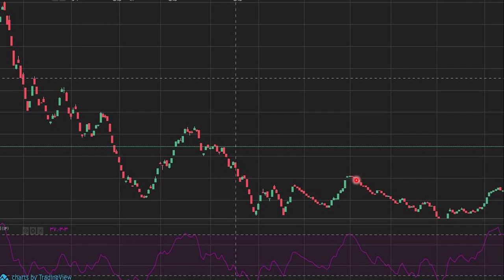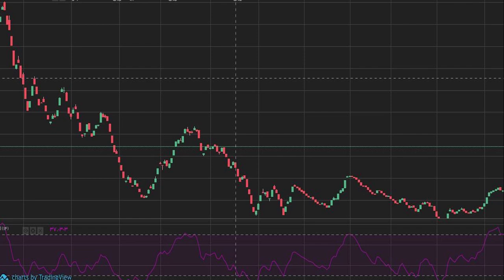Here we have a selling signal, and also this indicator line has touched the 70 line, and it gives us a weak bearish signal.